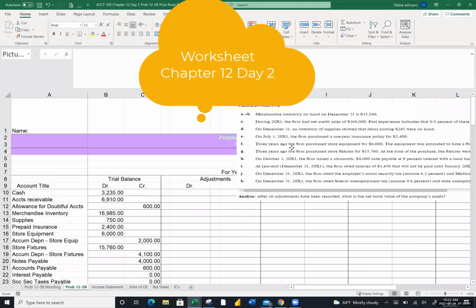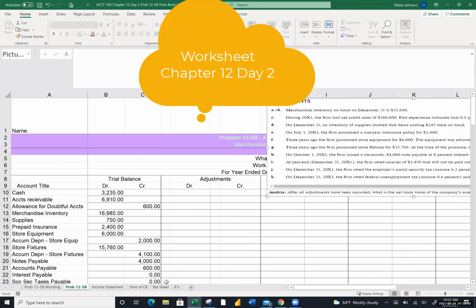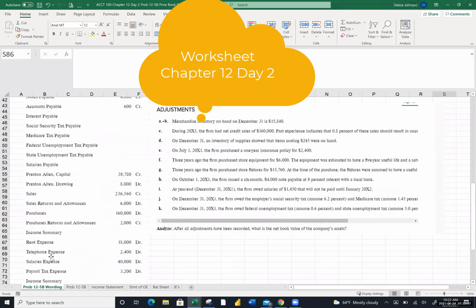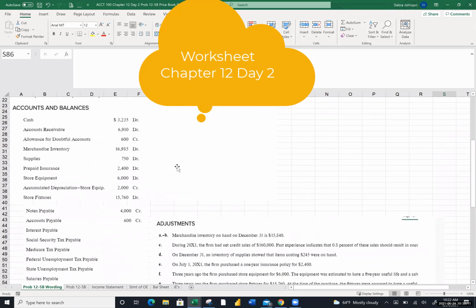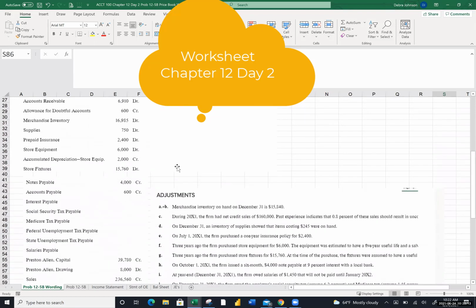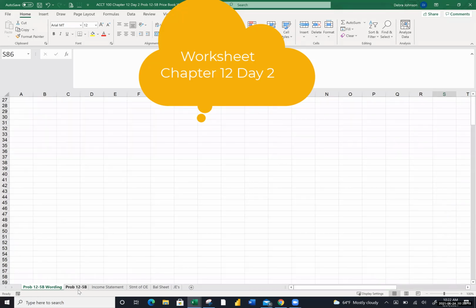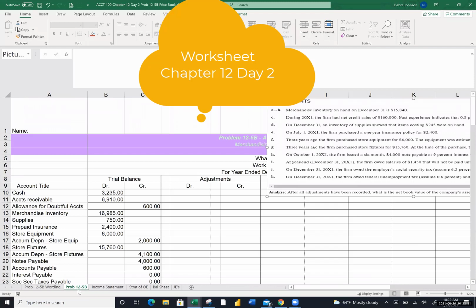And what I did right before class started, I gave you guys the problem on the first tab. I gave you all the wording. And what we're going to do is an example of one worksheet. And I put it together for us.